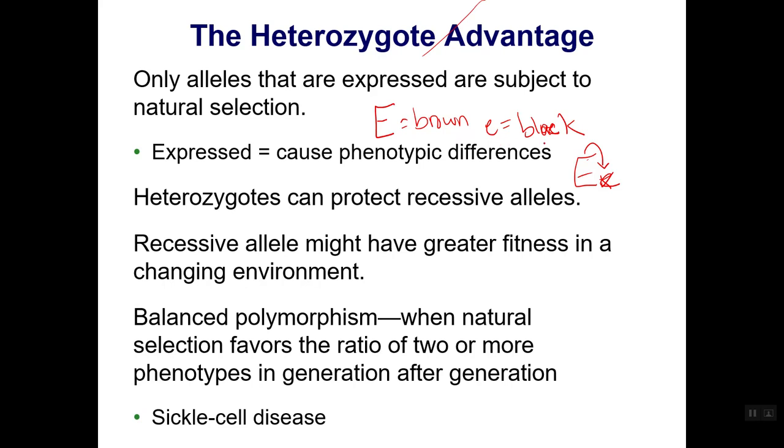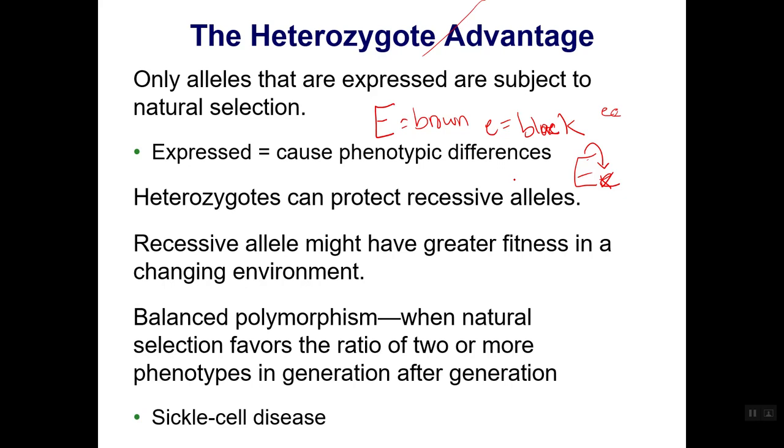Well, if these mice lived in an area that is very rocky, the ground is very dark, then the mice that have black fur are going to be selected for. So we're going to see a lot more organisms over time that have the genotype little e, little e. We'd still see some of the others, but it would be most common to have the black fur color over time.